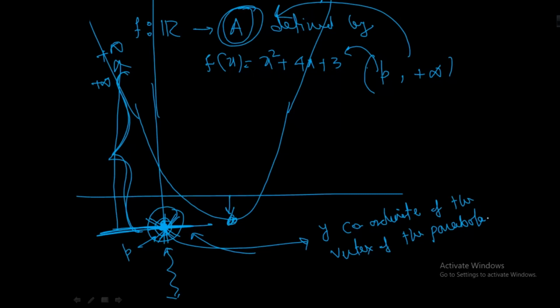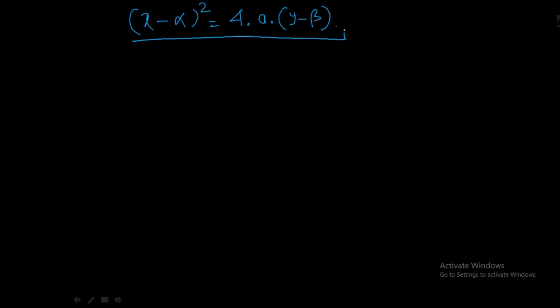You have to convert this equation into the form x minus alpha whole square is equal to 4a into y minus beta. এটা মনে রাখ, এটা ক্লাস 11 এর কনসেপ্ট। You have to convert that equation into this form.